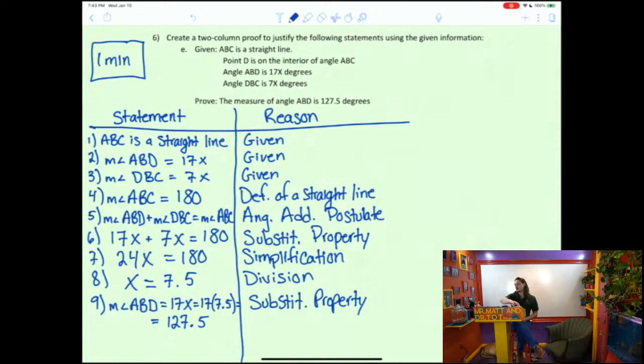Using 7.5 as the common multiple, and using the substitution property to substitute it into the expression that represents the measure of angle ABD, which is 17x, we're going to have 17 times 7.5, which is 127.5 degrees. So we have indeed proven what they asked us to.